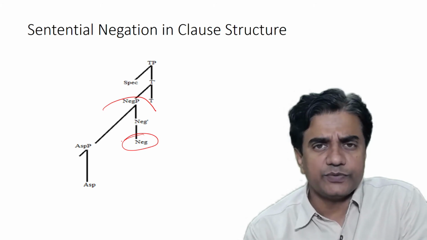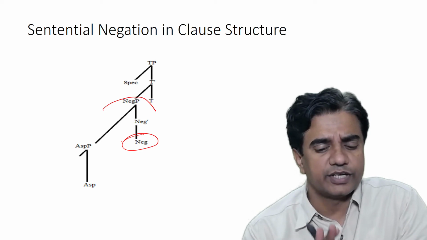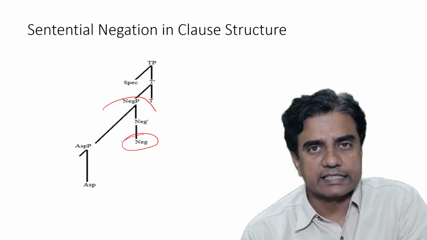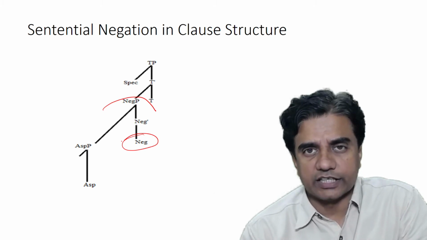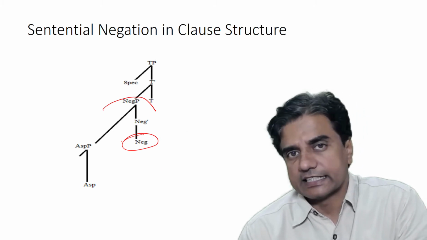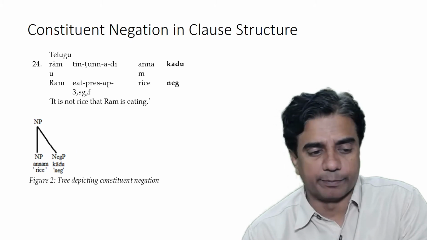This has huge implications for our understanding of how they occur in a sentence and what it does with respect to other elements in the sentence, in particular negative polarity items.